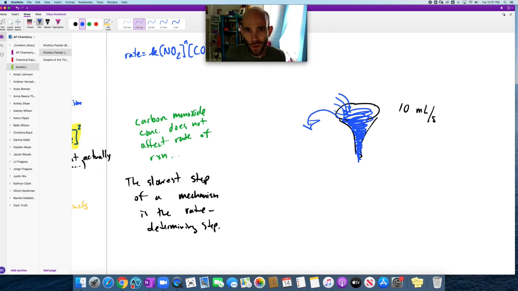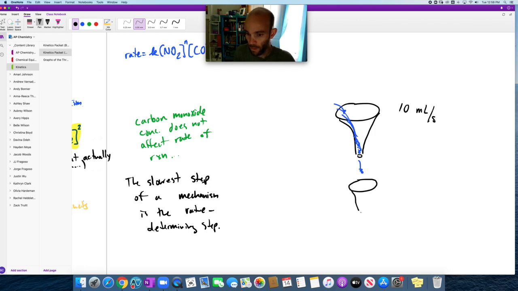But let's say this funnel is able to release 10 milliliters every second, so that's like its capacity. Okay, so it's able to handle that. And so let's say it's at its capacity. So we're putting in the perfect amount of water so that we never really overwhelm this funnel. It's just draining out. All right, but let's say we've got another funnel here beneath.